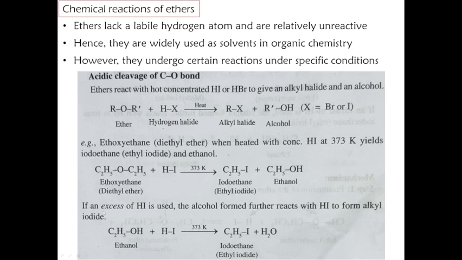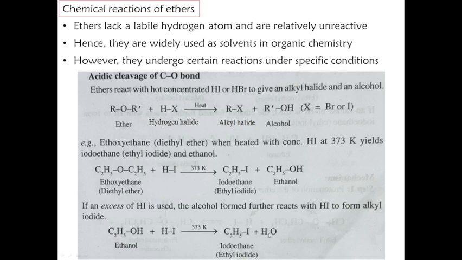When we use excess hydriodic acid, the alcohol formed further reacts with HI to form an alkyl iodide. Here we already got iodoethane and ethanol, and if you use more HI, this carbon-oxygen bond will be broken and we get more iodoethane, with water as the byproduct.